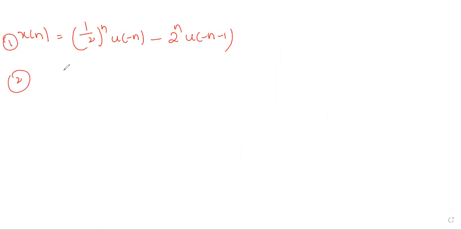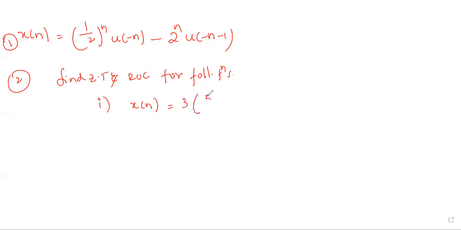Find the Z transform and ROC for the following functions. First bit, x of n equal to 3 into 5 by 7 whole power n into u of n plus 2 into minus 1 by 3 whole power n into u of n. Use the standard pairs.